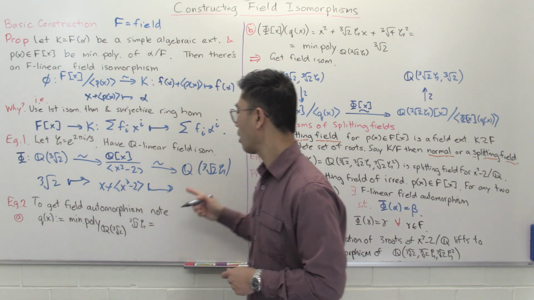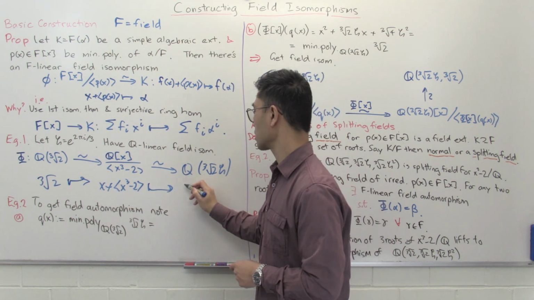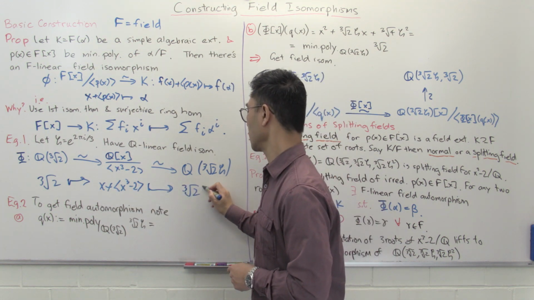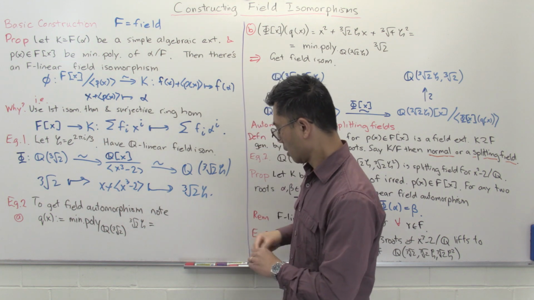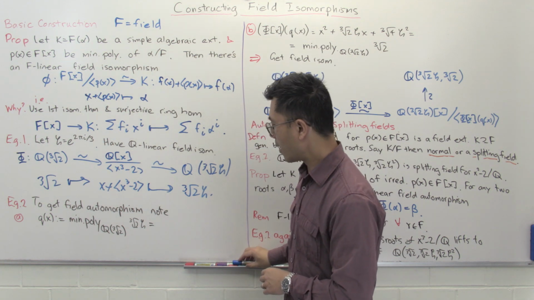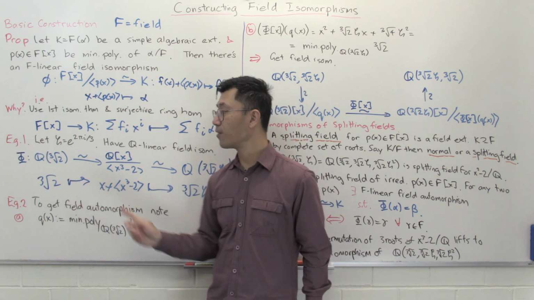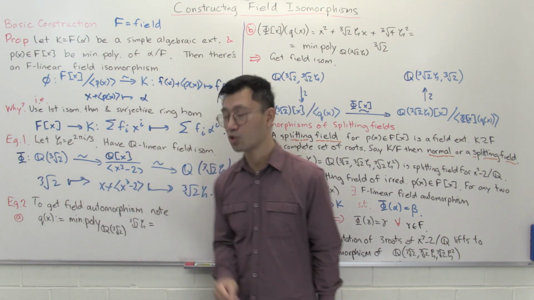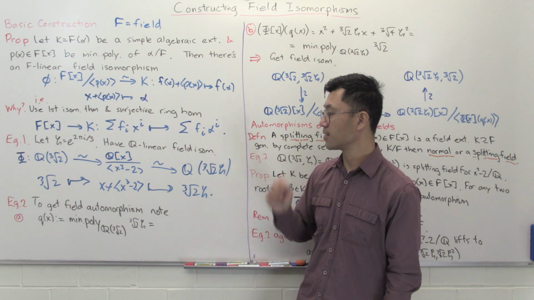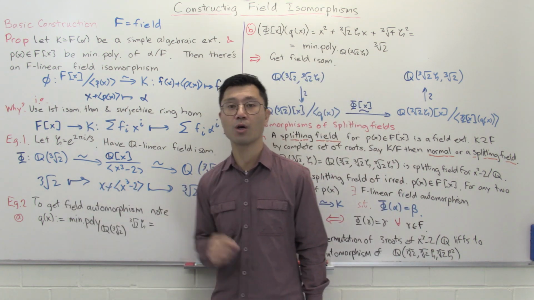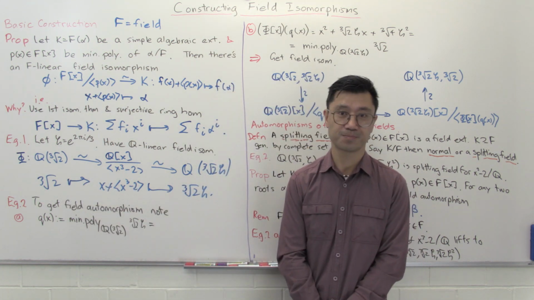And x here, on the other hand, gets mapped to what? It gets mapped to cube root of 2 zeta. So there is now a Q-linear field isomorphism from Q adjoin cube root of 2 to Q adjoin cube root of 2 zeta, which sends cube root of 2 to cube root of 2 zeta.